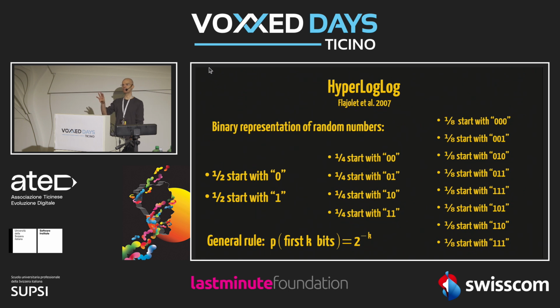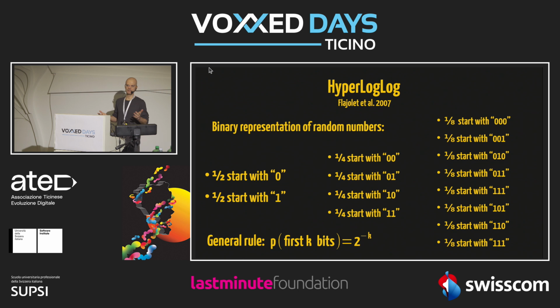So here I want you to understand the main intuition behind the idea of HyperLogLog. Let's say that we have a set of completely random numbers, and think about their binary representation. If this is random and big enough, you can safely assume that half of these numbers will start with 0 in binary, and the other half will start with 1.